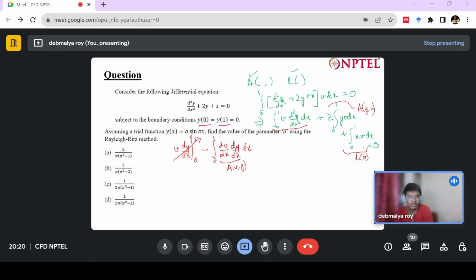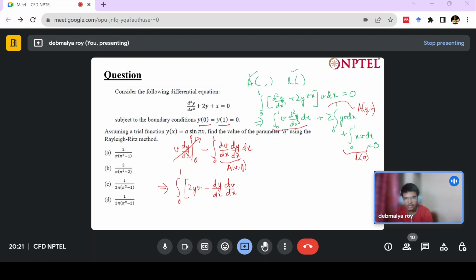Okay. Now we can actually write this in the V form. So the V form will look like 0 to 1. This is one term of the V form. So let us write 2yv, this term, minus dy dx dv. You can see this is also a bilinear operator. It is a sum of two bilinear operators, and a sum of two bilinear operators will always be a bilinear operator in itself.